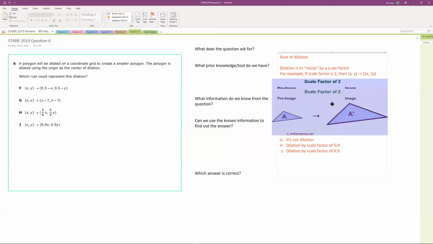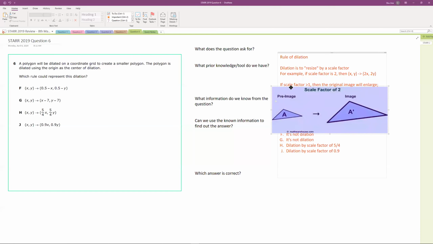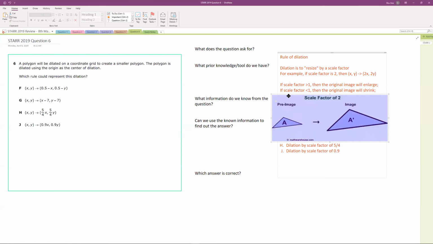And the property of dilation is that if the scale factor is greater than 1, then the original image will enlarge. So in this one, the scale factor is 2. That means after the dilation, the image will become larger. If, on the other hand, the scale factor is smaller than 1, then the original image will shrink.